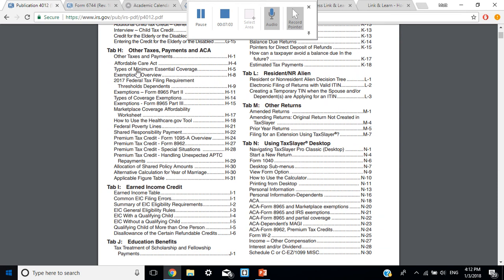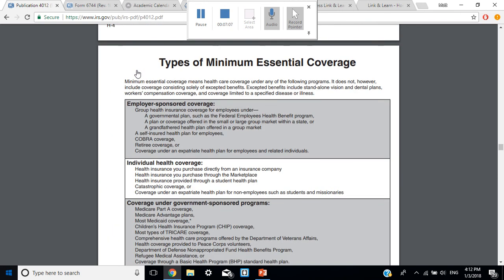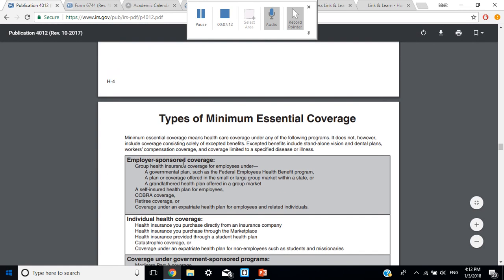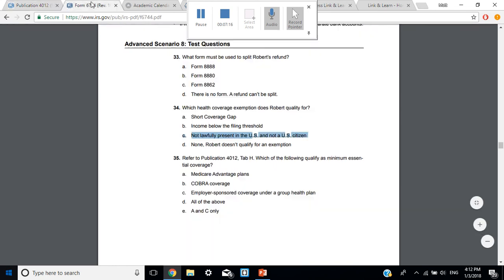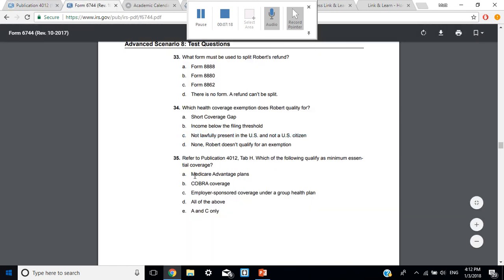Skim, minimal. Here we go. Types of minimum essential coverage. That's our page. So you can really just skim this. All of these count as minimum essential coverage. And our goal is just to find if any of these, or if all of these, or if some of these are considered minimum essential coverage.